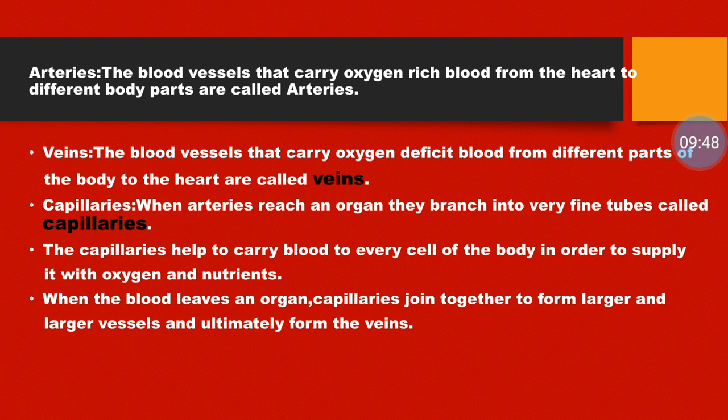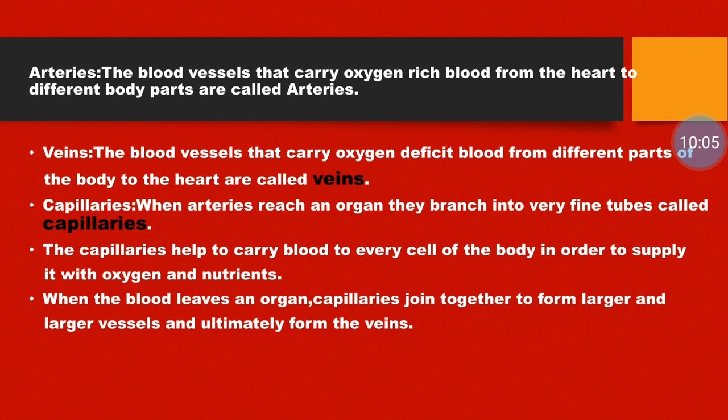Okay, so the next one we have got the veins. As I already told you, veins are marked in blue color. So these are the blood vessels that return blood to the heart. That is, children, what happens?